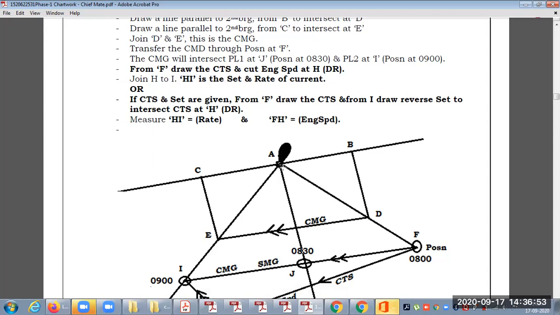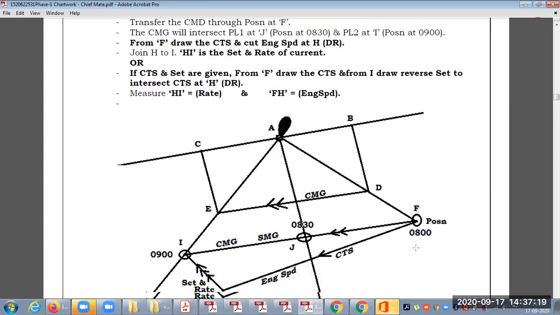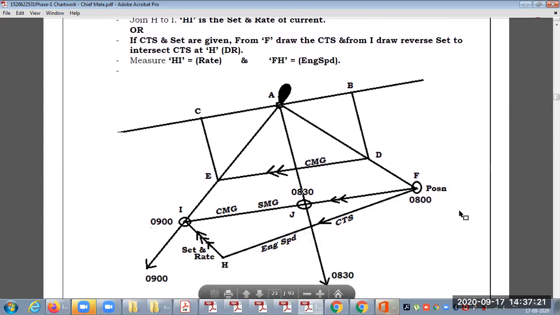After that, once you have the three bearings at one point, it's all the same process. We take the line perpendicular to the second bearing, we take the ratio of the timings, we cut the ratios, we join them, we get the course made good. And once you have the course made good, we make the course to steer here from the position, because we already know the position.